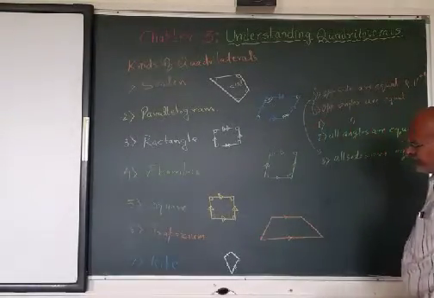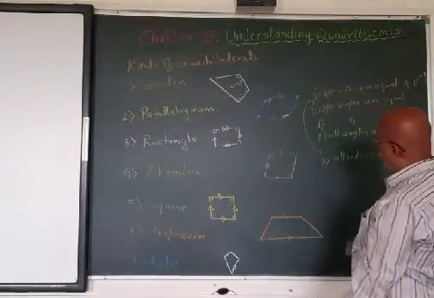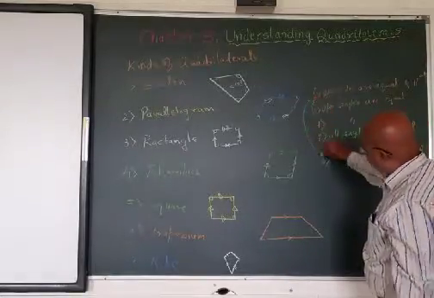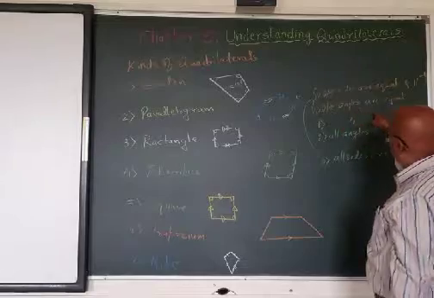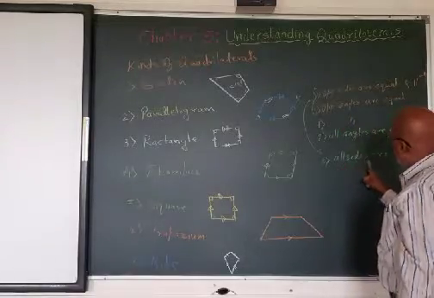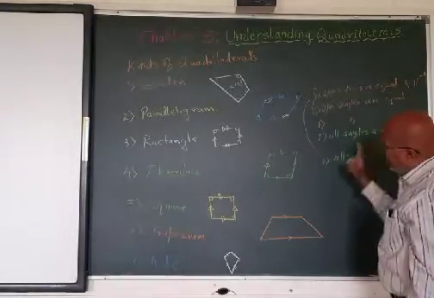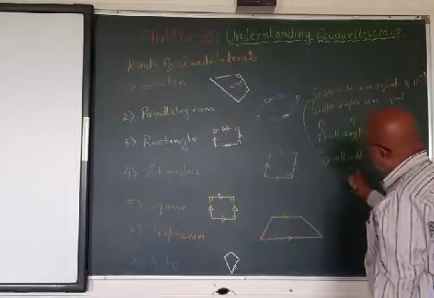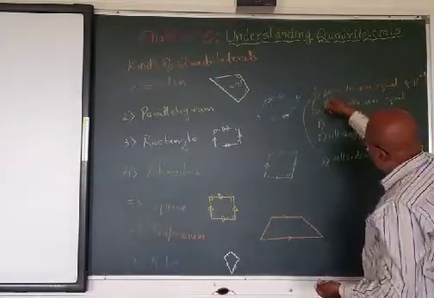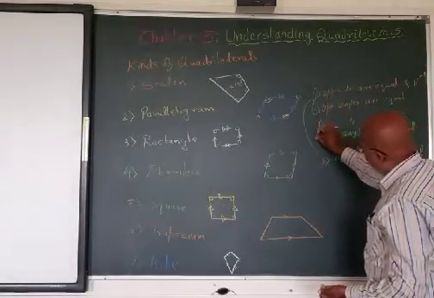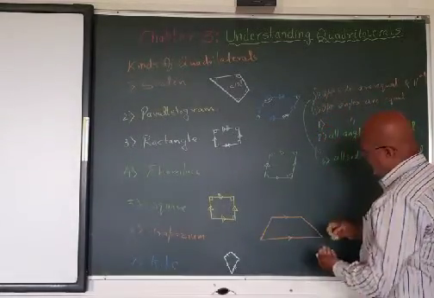Square. Now for the square, we can say all three properties apply: opposite sides are equal and parallel, opposite angles are equal, all sides are equal, as well as all angles are equal. It means it is the combination of these two and also these two.